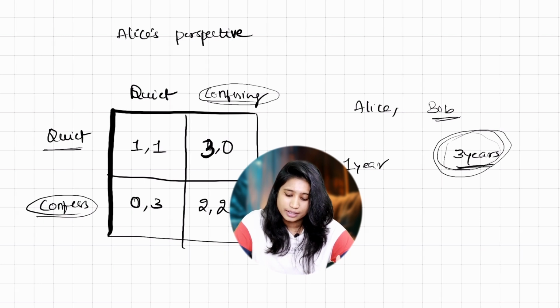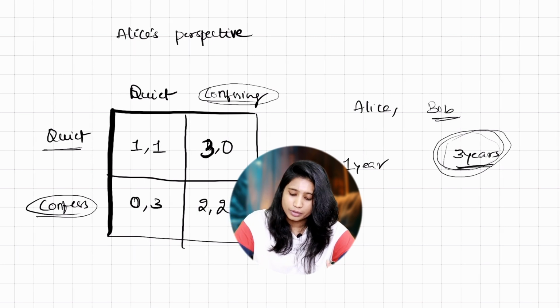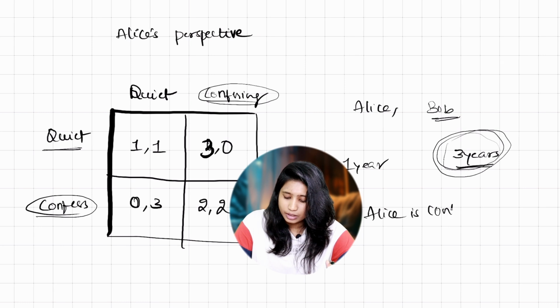So what she thinks is, whatever Bob says, she doesn't want to care about it. So she wants to go with the option where Elise is confessing to the robbery. In that manner, whether Bob confesses or not, Elise is going to be imprisoned for at most 2 years. That is better than going to jail for 3 years.